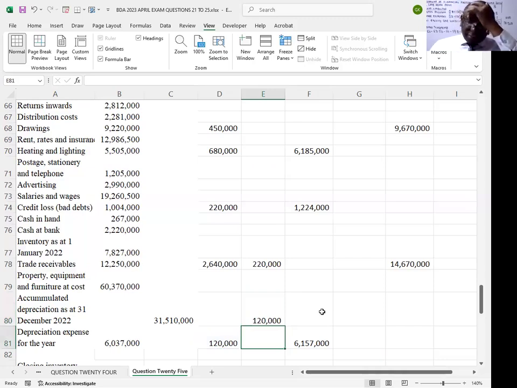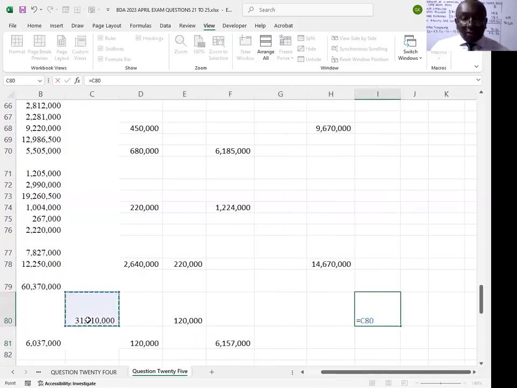Then this one, we bring it here to the end of the statement, where we shall say equals this plus this. So add the two and tell me the answer.